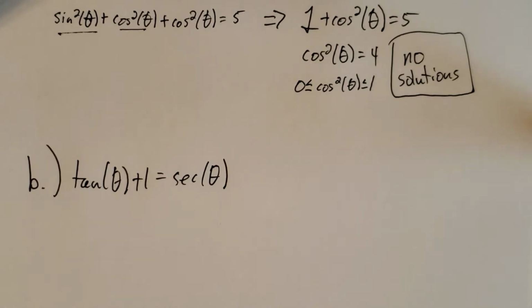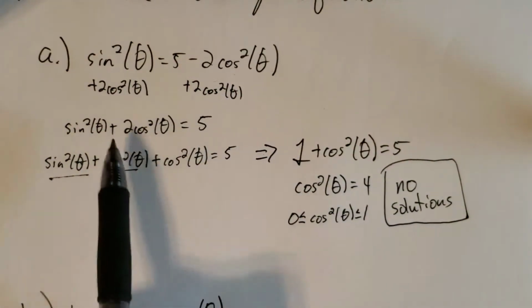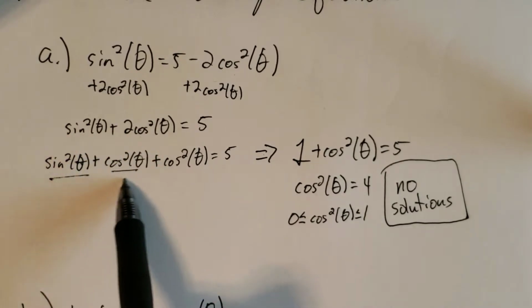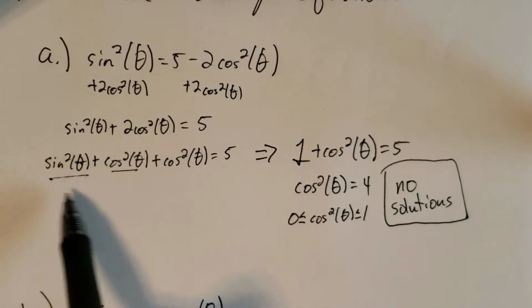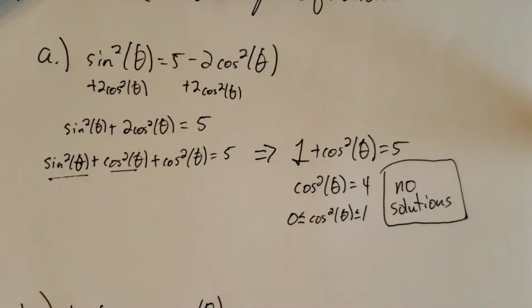So I knew to look for that as a possibility once I saw some sine squareds and cosine squareds in the same equation. And that's what I did, is I moved the 2 cosine squared over to the left so that we do get to separate one of those cosine squareds out and have an expression here that we can change to something simpler.